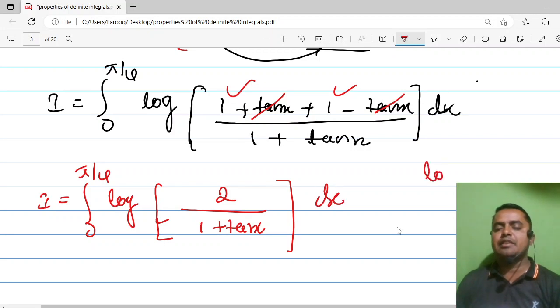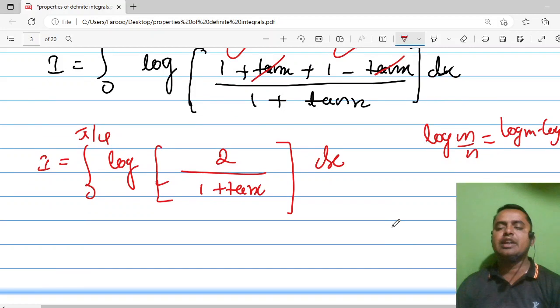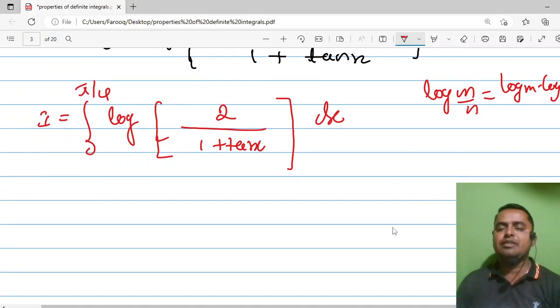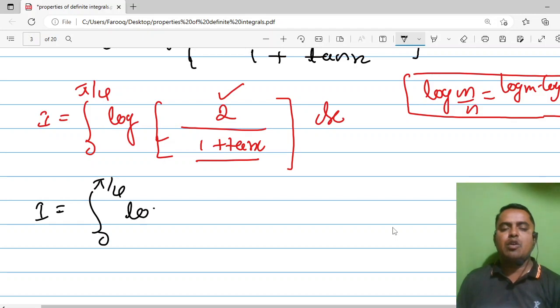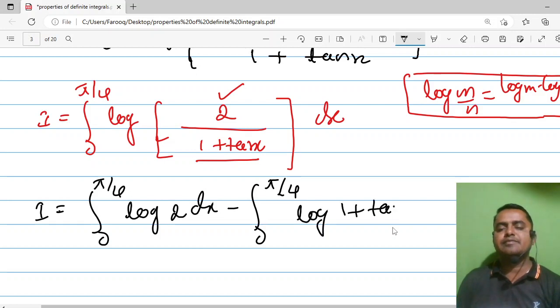Now log m by n is nothing but log m minus log n. Applying this property here, m means 2, n means 1 plus tan x. That is I is equal to integral 0 to 5 by 4 log 2 dx minus integral 0 to 5 by 4 log 1 plus tan x dx.